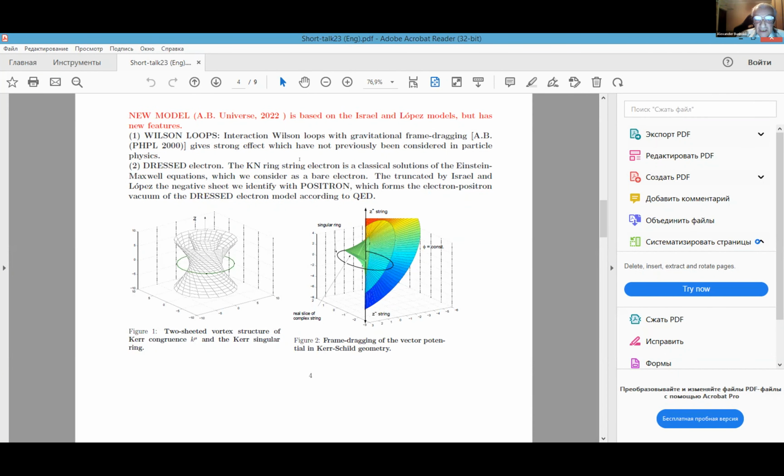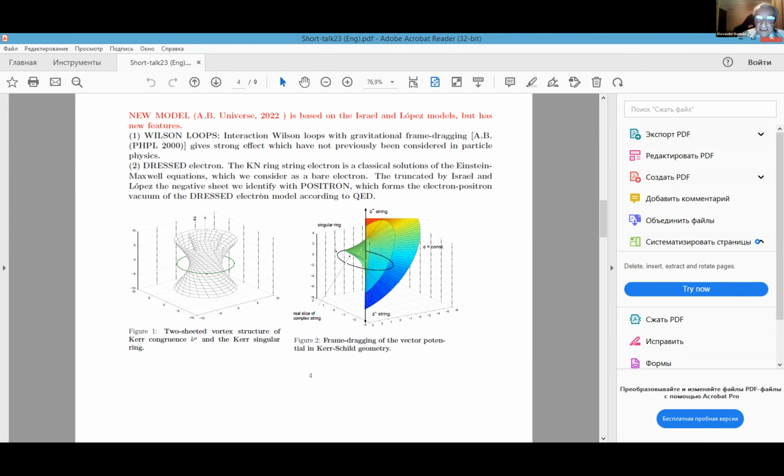The Kerr-Newman ring electron is a classical solution of the Maxwell equations. This ring is considered as a bare electron. The truncated Israel and Lopez negative sheet we identified last time with the positron.